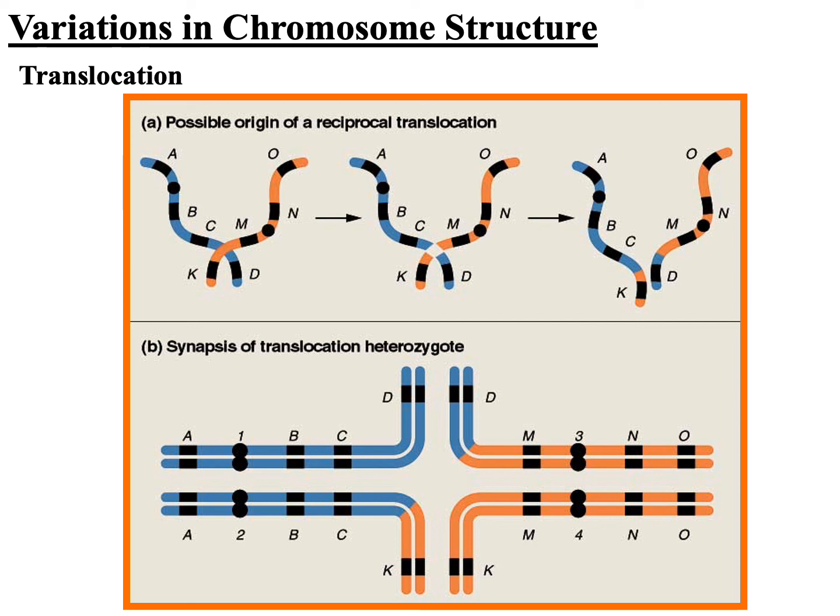If there is in fact breakage that occurs of each one of these chromosomes, and those repair mechanisms that I mentioned before do not repair properly, you could see where a situation might arise where there is a swapping of genetic information, in this case, between these non-homologous chromosomes. Again, this is not the same as genetic recombination. This is a distinct mechanism where you have breakage and repair, but the repair occurs improperly.